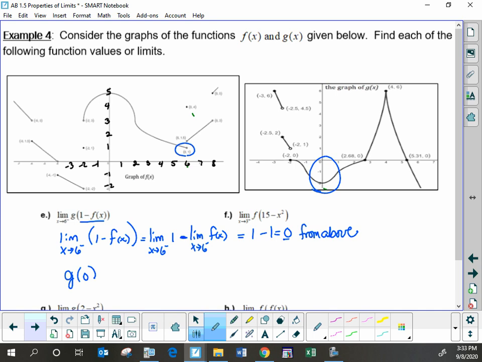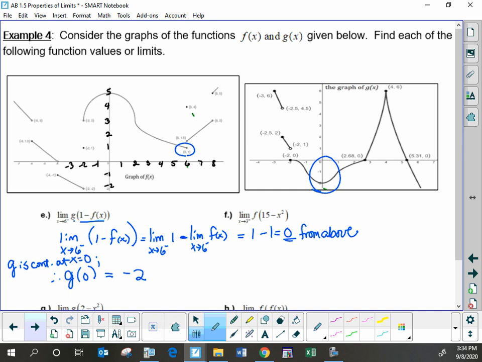So we can just take our 0 and plug it into the outer function g and get g of 0, what is it, -2. G is continuous, which makes this easier. G is continuous at x equals 0. And therefore, it becomes a much easier limit.